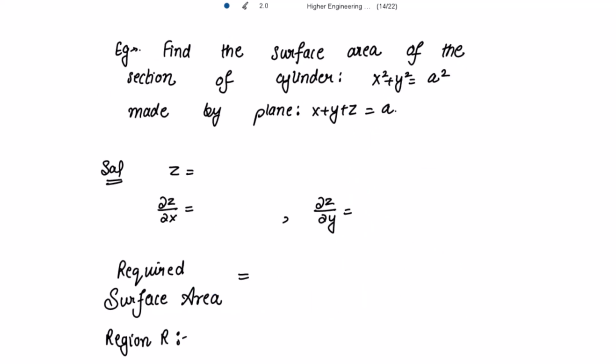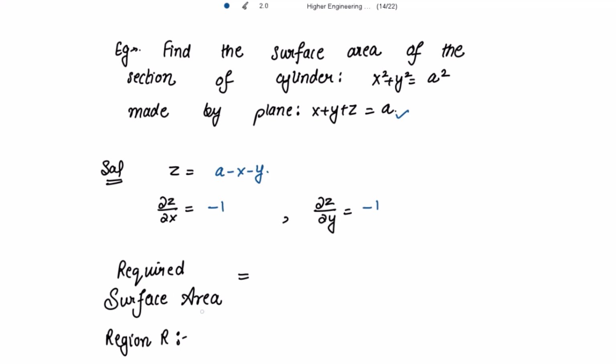Find the surface area of the section of the cylinder. The cylinder is given to us, that is x square plus y square equal to a square, and the plane x plus y plus z equal to a. Just take the value of z from the plane, that is a minus x minus y, and now calculating curly z over curly x, differentiating z with respect to x, we get negative 1, and curly z over curly y again is negative 1.